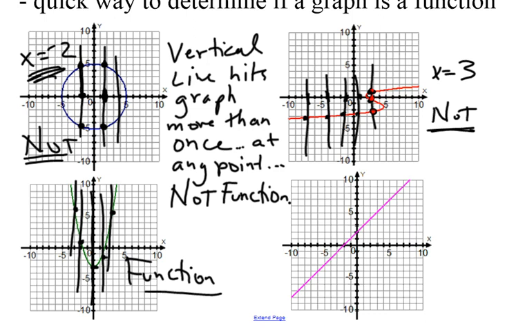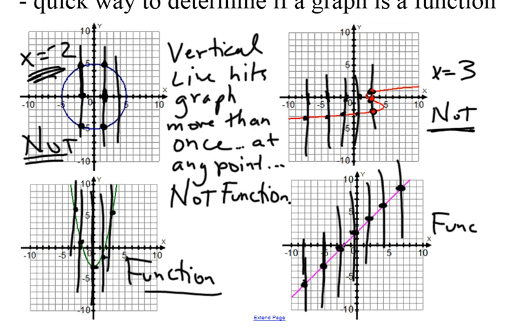And the line graph, honestly, is the easiest one because any vertical line on a line graph, we can see that that x value hits once. This x value hits once. You will not have any double contacts with a linear graph. So anything linear is definitely a function.